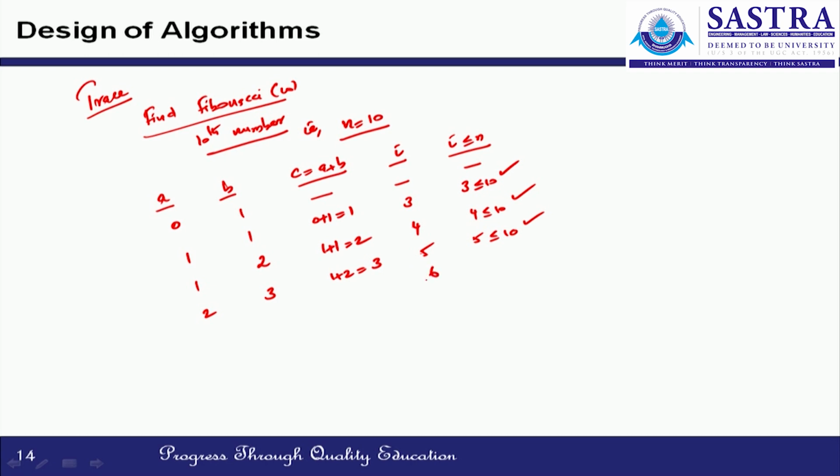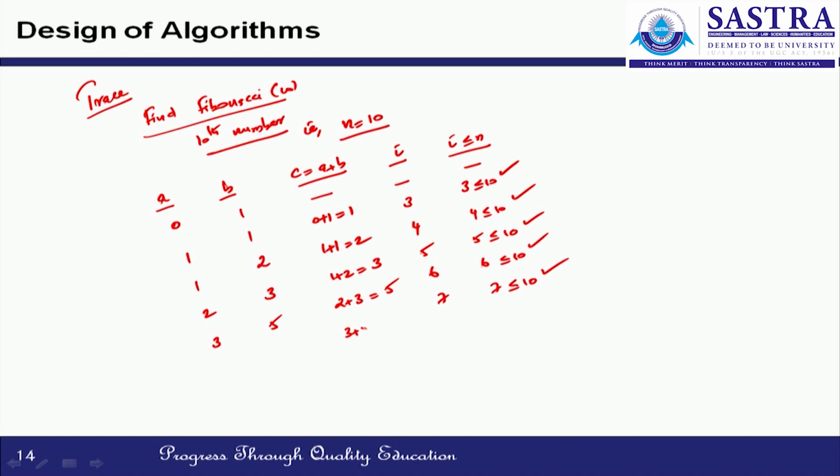Then I becomes 6, 6 less than or equal to 10, condition is true. 2 plus 3 is evaluated, C is updated to 5. Next A becomes 3, B becomes 5, I becomes 7, 7 less than or equal to 10, condition is true.